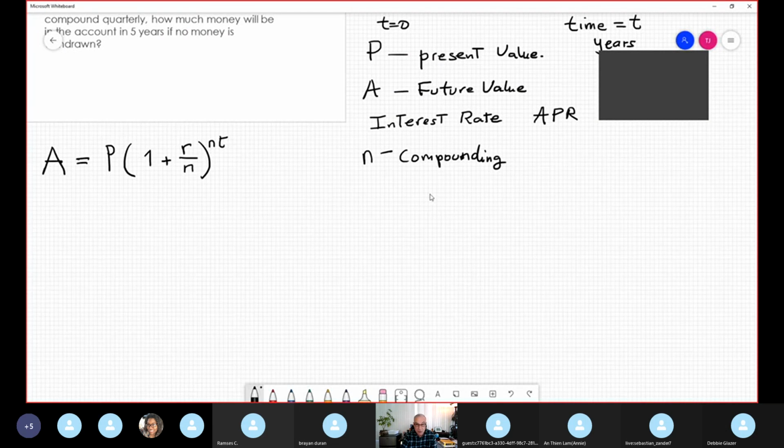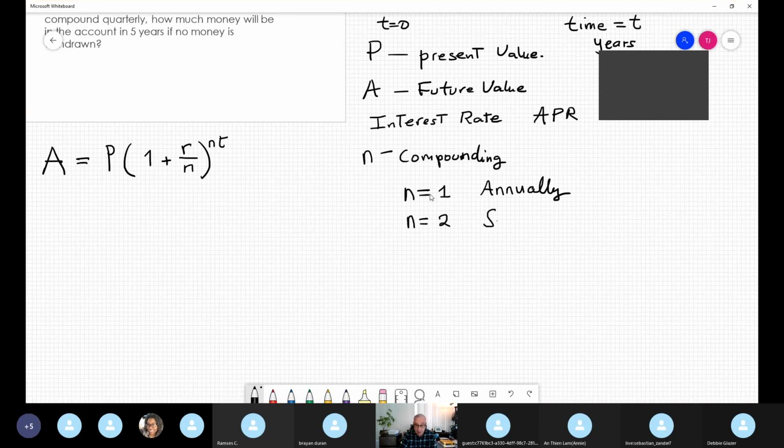For example, to understand compounding, if n equals 1, it's annually. Why annually? Because we have one payment, or increase of your money, one time in 1 year. If n is equal to 2, it is semi-annually.